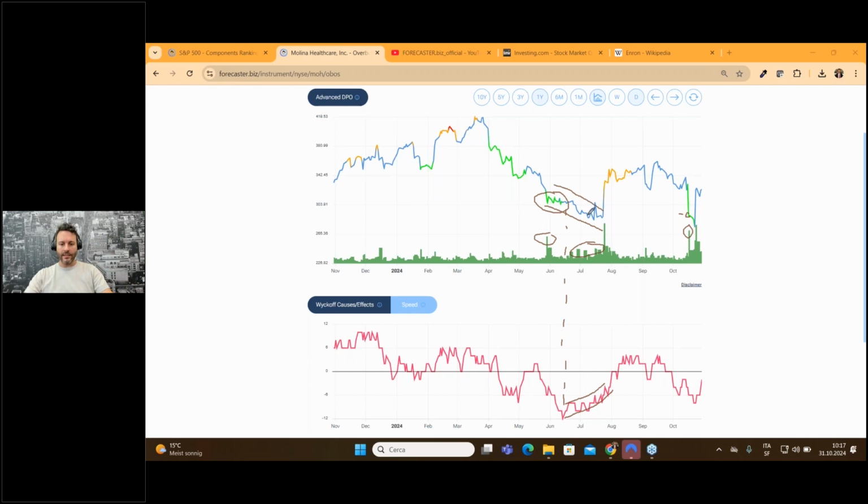Okay. So in this case, we knew, thanks to this divergence with the indicator, that this low was a massive low. This was a very important low. And this is why in the Italian webinar, we said you can just place a buy order here on the low.